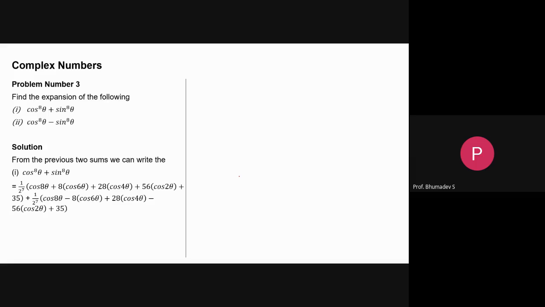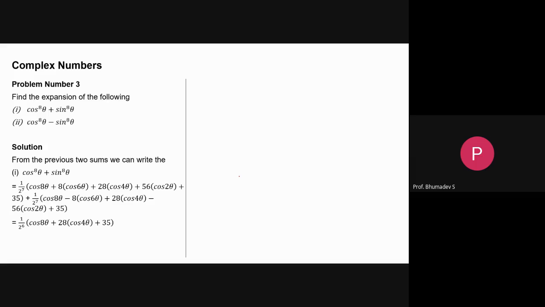When we are adding, again 1 upon 2 to the power of 7 will be common to us, all the terms. When we are adding it, 2 cos 8 theta plus 28 into 2 cos 4 theta plus twice of 35 we will have.